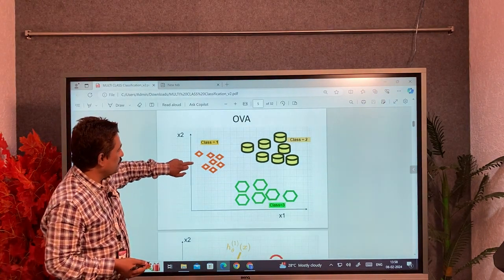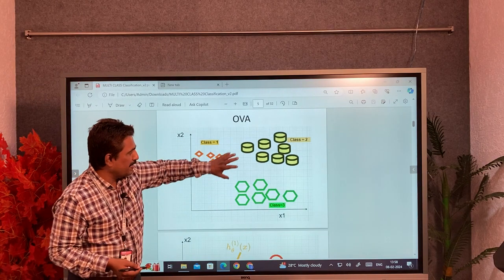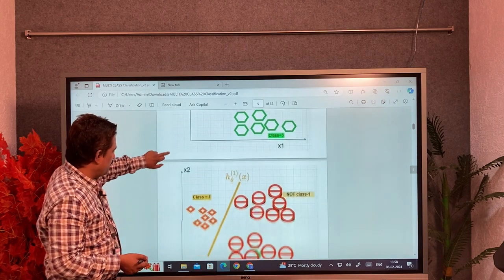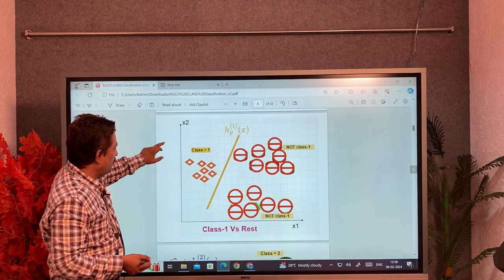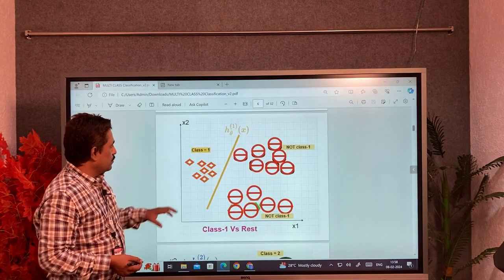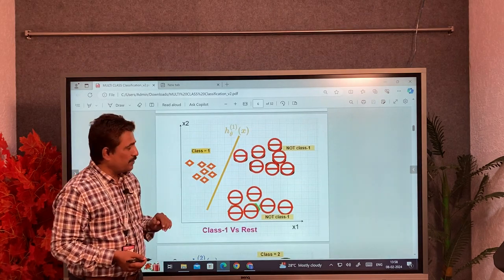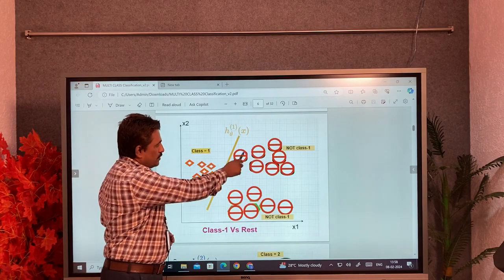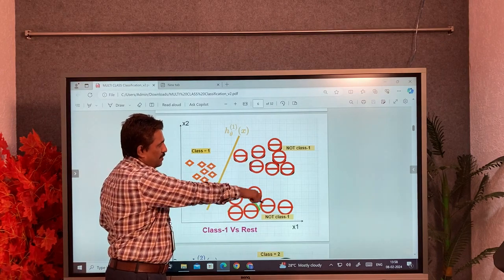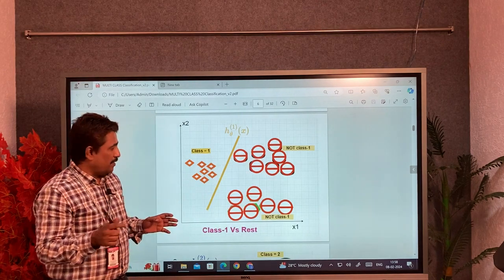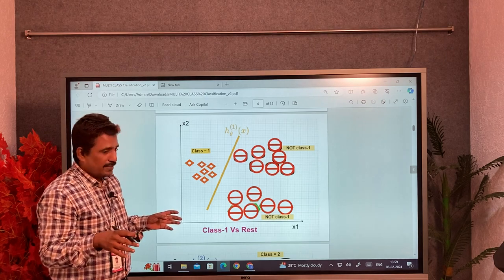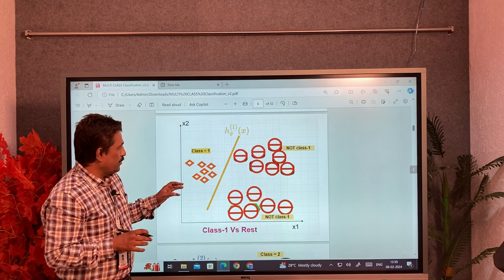That means the first one is class 1 versus remaining. So, you can observe earlier we had a cylinder here, a polygon here. Now we are treating the entire thing as some other symbol. So, we have to modify the training data set like a binary one.